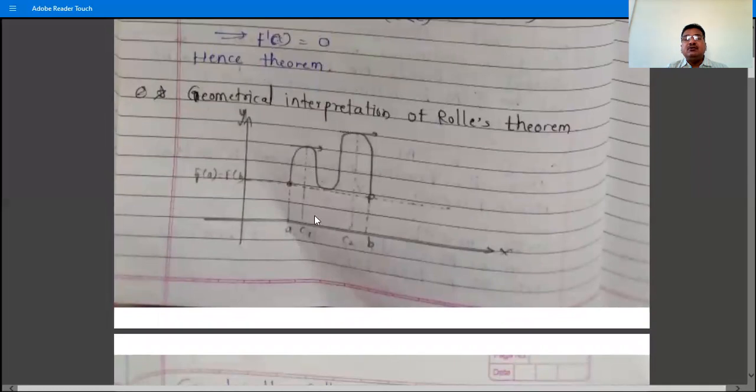Here we have 3 points in the figure: c1, c2 and c3. At these points, draw the tangents at the point c1 and at the point c2, such that these tangents are parallel to the x-axis, because their slopes are equal to 0.